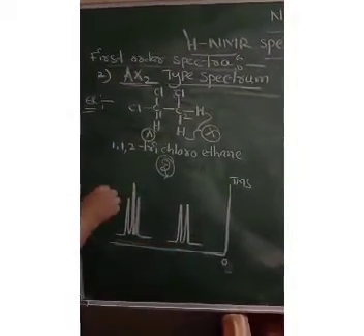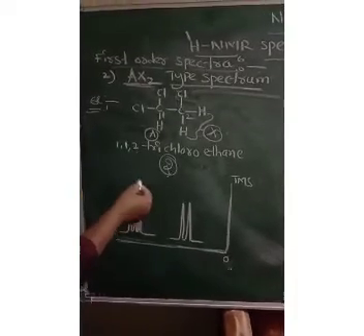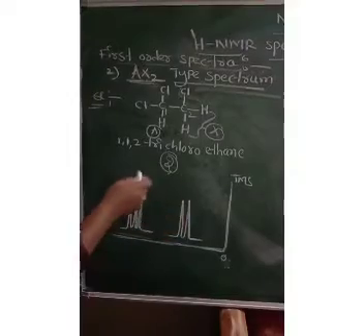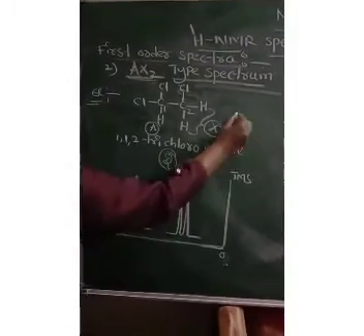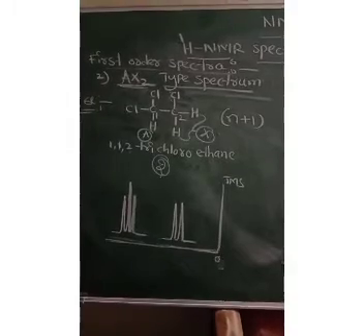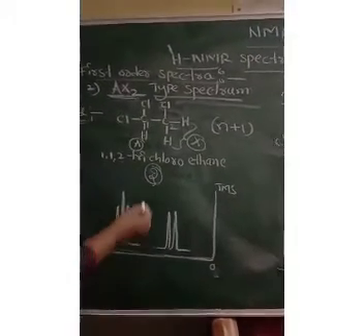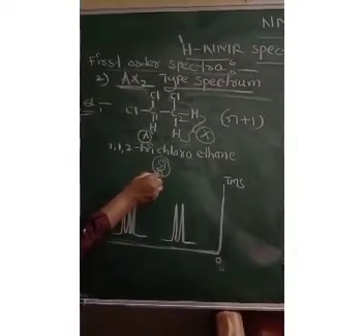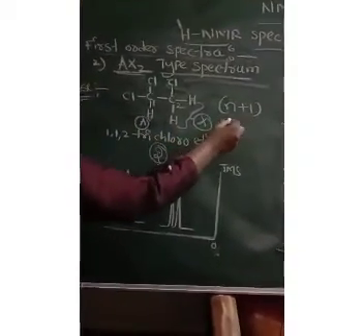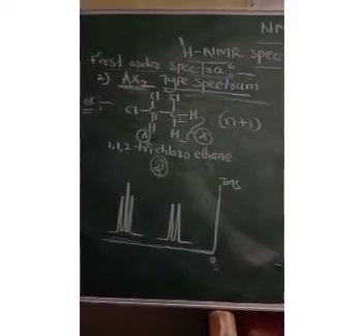But the 2 signals undergo coupling and give different types of peaks in the signals according to the n+1 rule. This is multiplicity or splitting of signals. Here the 2 signals split into a number of peaks according to n+1, where n is the number of neighboring protons.